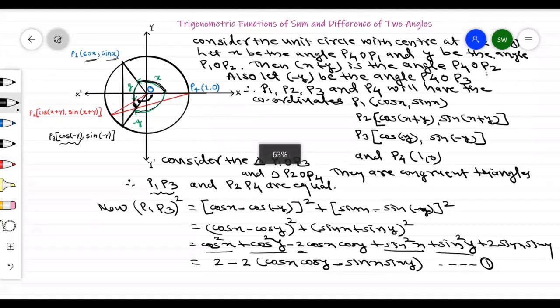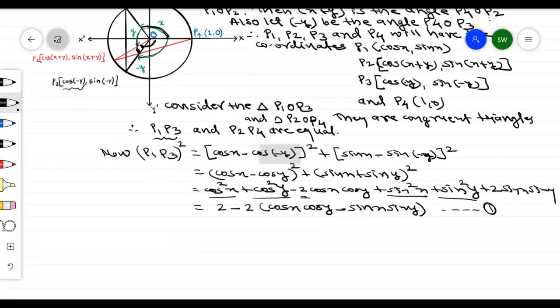Now find out P2P4. P2P4 whole square using the distance formula. P2 has coordinates cos of x plus y, sin of x plus y. P4 is 1, 0.